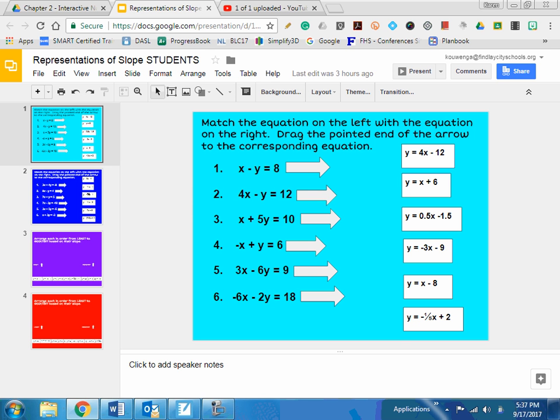In this case, for instance, we would have to subtract an x and then divide by -1. Wherever you think the answer is, you're going to take the end of the arrow and drag it to whatever equation you think it belongs to. So let's say I think it belongs to this one. Oops, sorry.